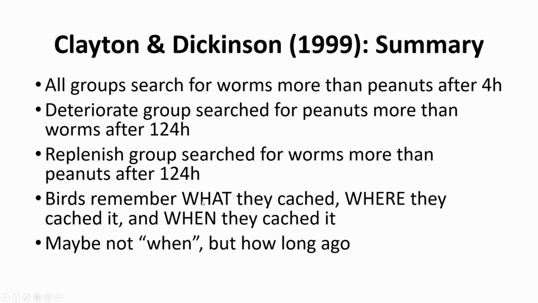So the birds remembered what they had cached, peanuts or worms, where they had cached it, which tray has the worms and which tray has the peanuts, and when they cached it, because they adjusted their behavior based on how much time had elapsed. And there are some technicalities about maybe not specifically when, but they do remember how long ago, and that seems to be sufficient for some people.